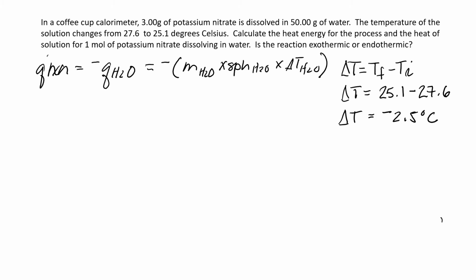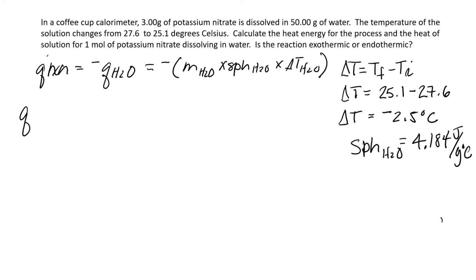You need to know the specific heat of water. Memorize that. Specific heat of water is 4.184 joule per gram degree Celsius. And we're given the mass of the water in the actual problem.